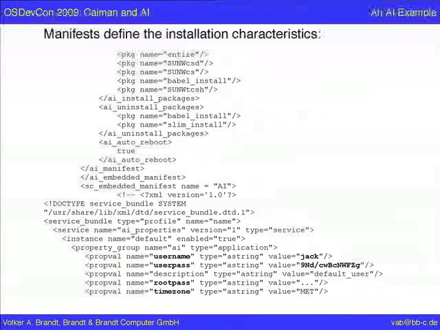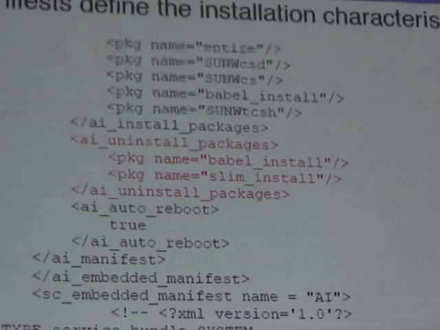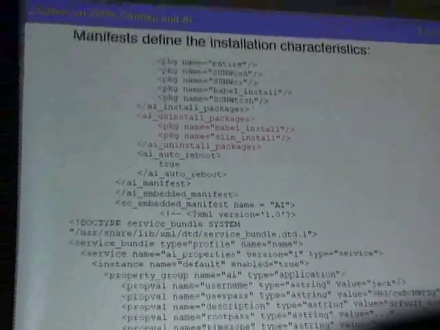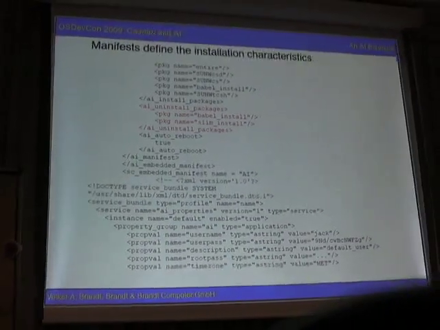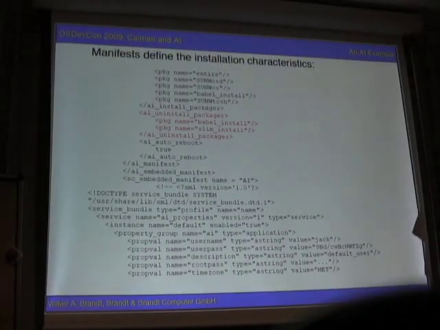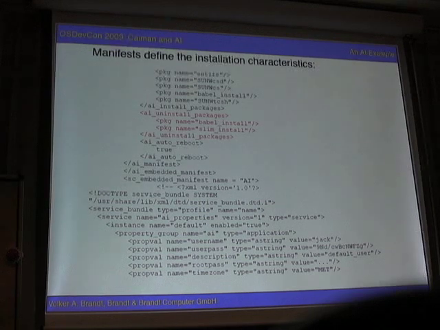I'm confused already. So what really happens here is that this is IPS internals. babel_install and slim_install are called incorporations, and you have to first specify them so that all the dependencies are pulled in. And when you then uninstall them, you can start working with the packages inside these incorporations one by one, so that you can then add and subtract stuff that you want or you don't want.